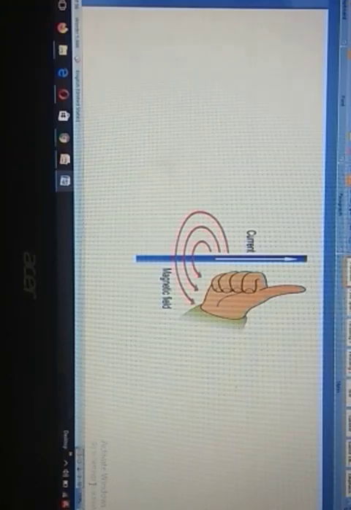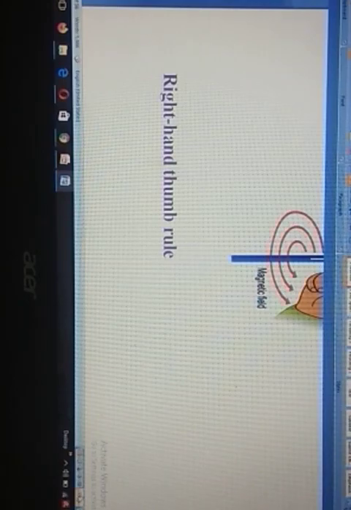If we imagine holding a current carrying conductor, that is a straight wire, in our right hand with the thumb straight and pointing in the direction of the current, the direction of the curled fingers represents the direction of the magnetic field lines. Okay. So this is known as the right hand thumb rule.